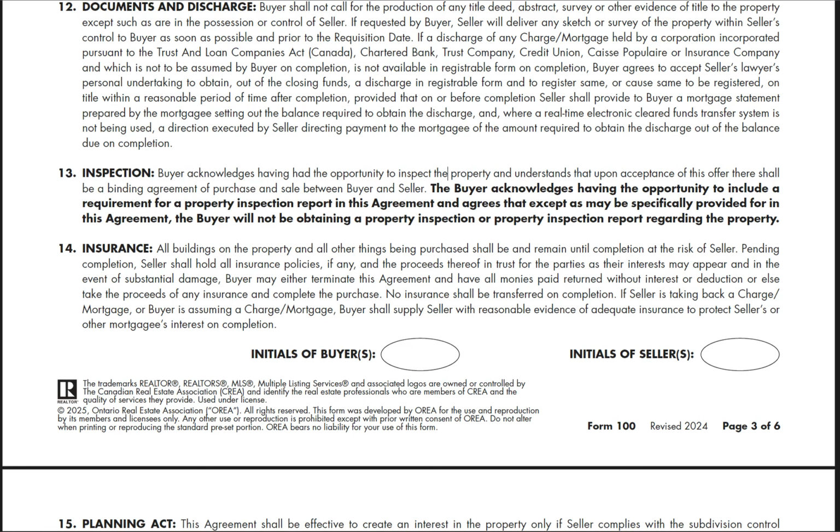The key takeaways are that the buyer confirms that they had a chance to inspect the property before signing. If no inspection condition is included, the buyer accepts the property as is. An inspection condition allows the buyer to cancel or negotiate if defects are found.